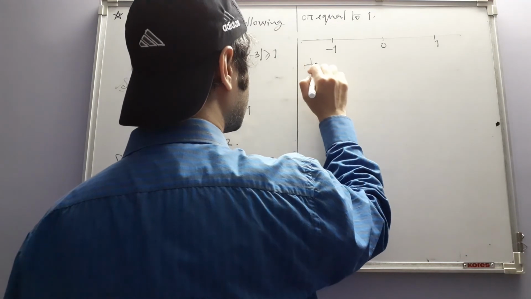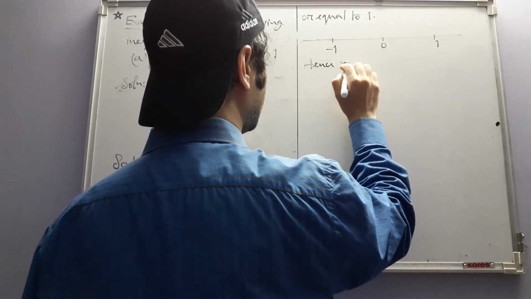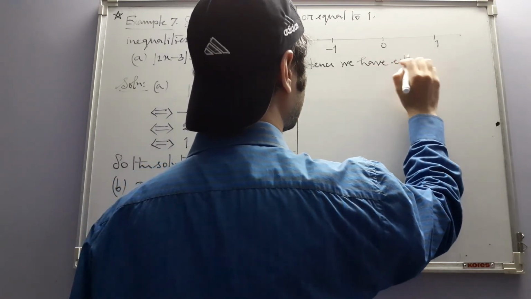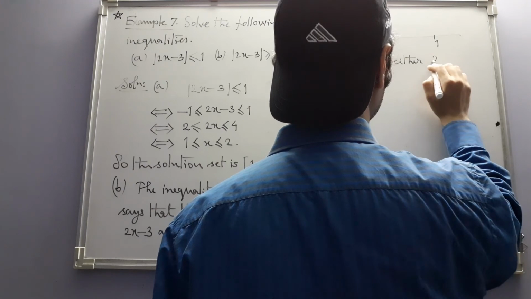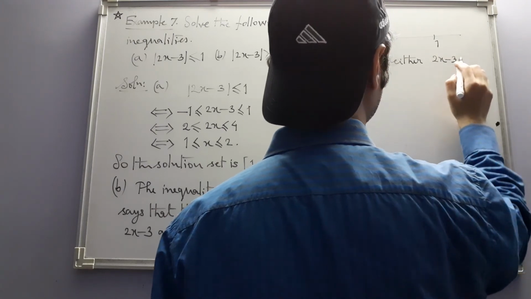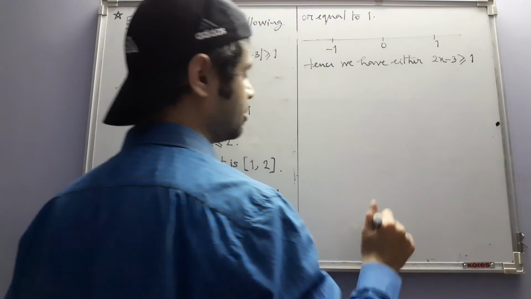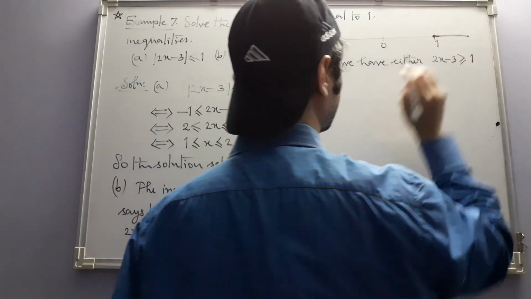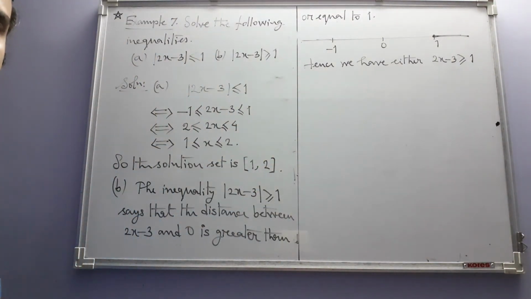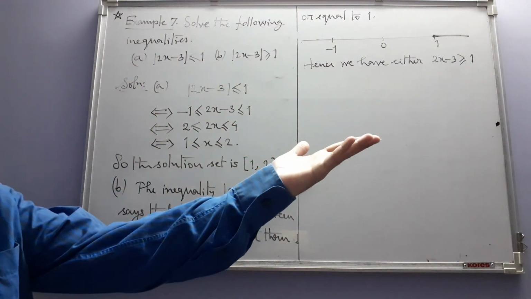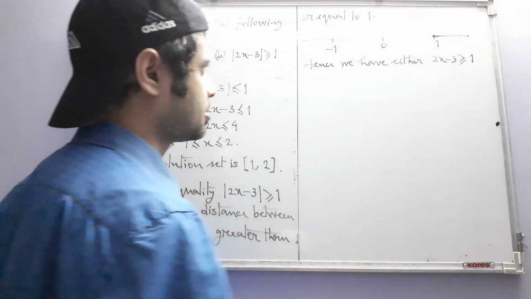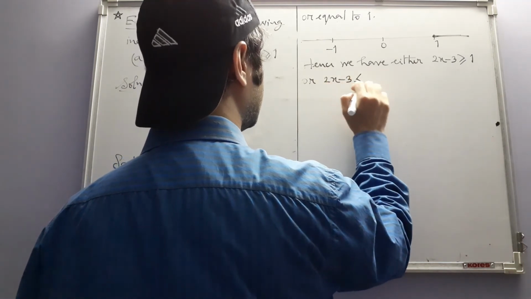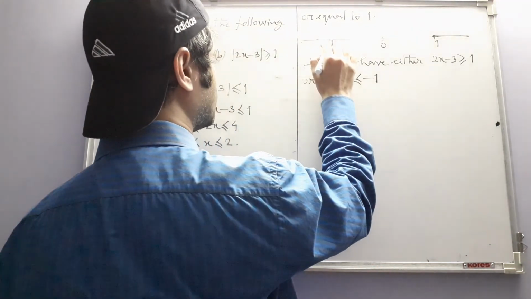Hence we have either 2x minus 3 greater than or equal to 1, that is, 2x minus 3 lies on this ray starting from 1 and going towards the positive direction of the x-axis, or 2x minus 3 is less than or equal to minus 1, or this ray.